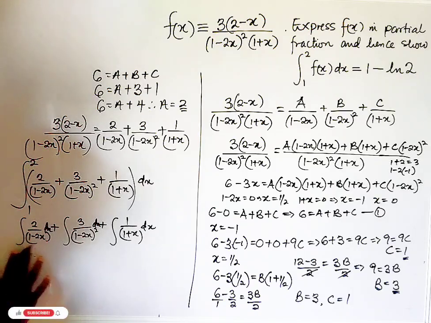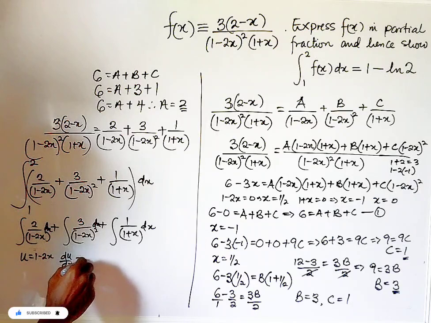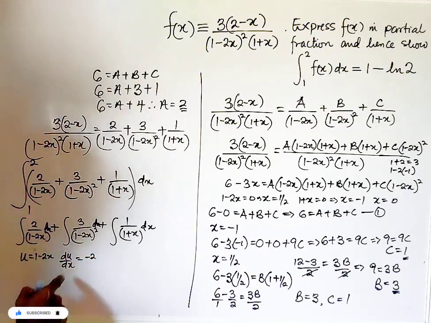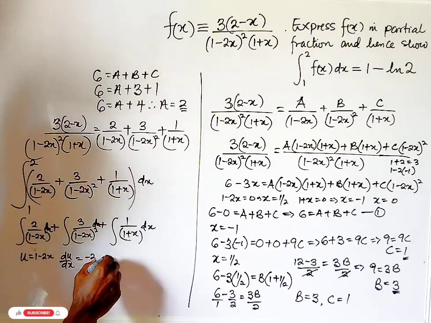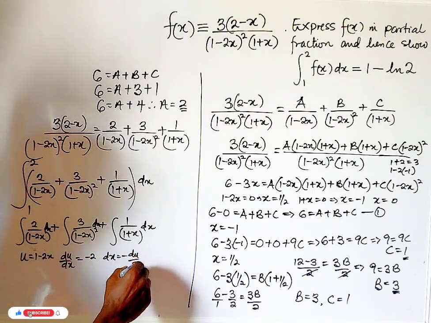Okay, now first of all, let u be equal to 1 minus 2x, then du dx will give us minus 2, right? Now making dx the subject of the formula, we have that dx equals minus du all over 2.